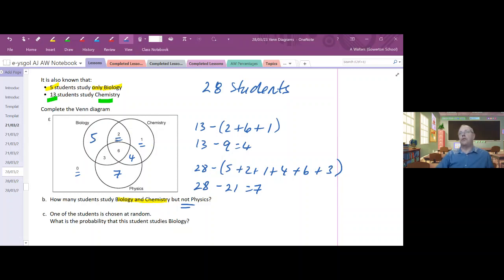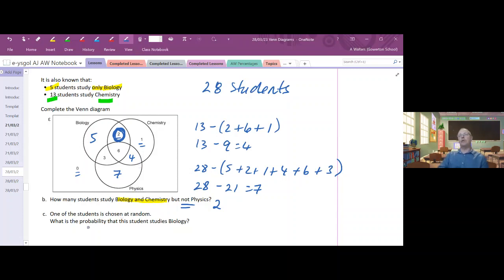Sorry, just this 2 rather. So the answer to that is 2. Because these 5 people here only study biology. I want people who study biology and chemistry, right? And the critical word is "and". If I said biology and chemistry and physics, I would include these 6. But the answer to our question is 2, biology and chemistry only. And the answer is 2.